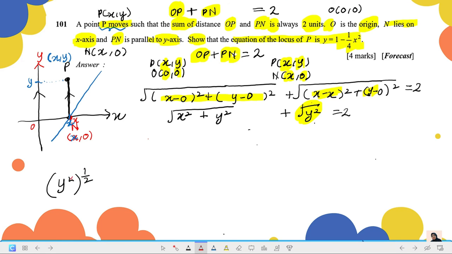So you can cancel the square root and the square, leaving just y. Now they want y as the subject. You can see you have y here and y here, so you need to eliminate the square root first.